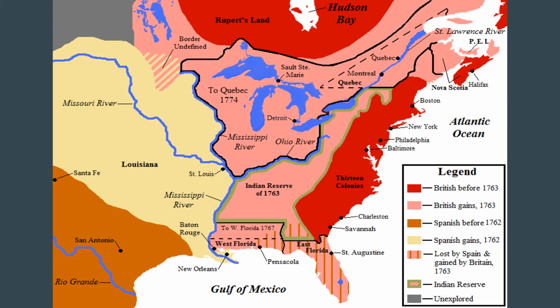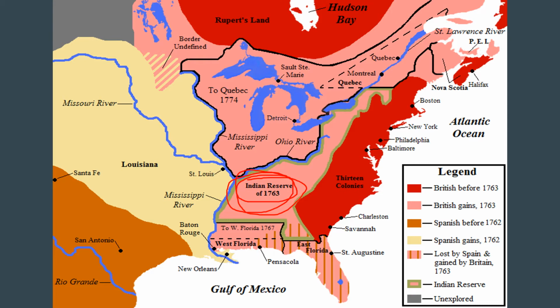This is called the Proclamation Line of 1763. One of the reasons the British do that is because they are concerned about Indigenous conflict with colonists. So they set up this Indian Reserve, as they called it, west of the Appalachian Mountains, to the Mississippi River, hoping to alleviate some of that conflict.